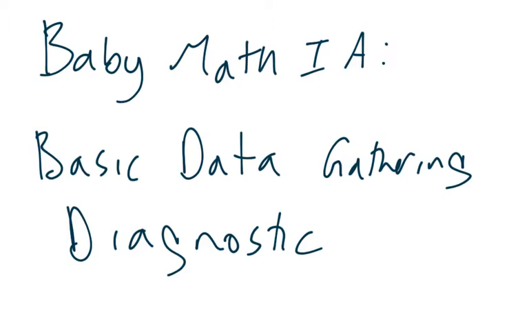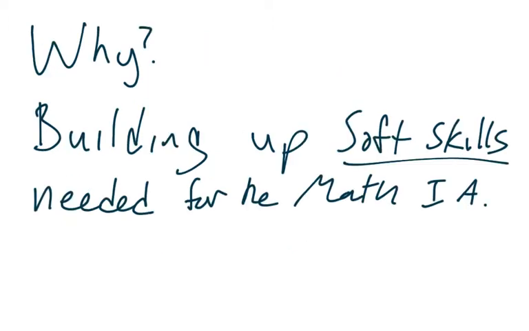First, I want to talk about why we're doing this. What we're doing with this assignment is I want to check out the soft skills that you have and that you need for the math internal assessment. What I have found is that, yes, my seniors are struggling with the math, but they are also struggling with things like copying data from Google Sheets into Google Docs and making a good table from that data.